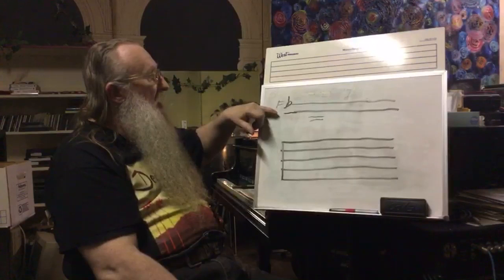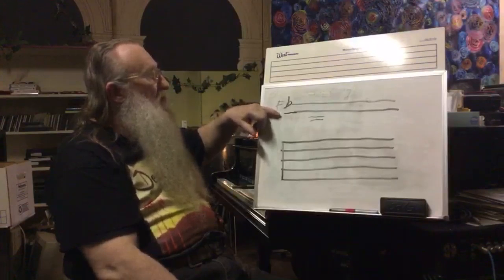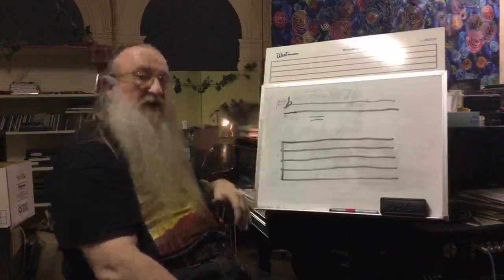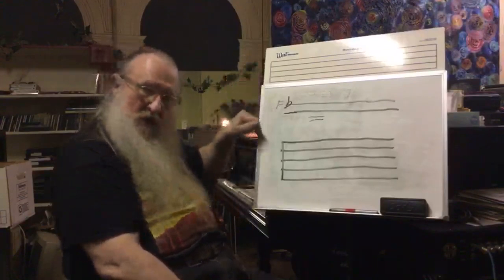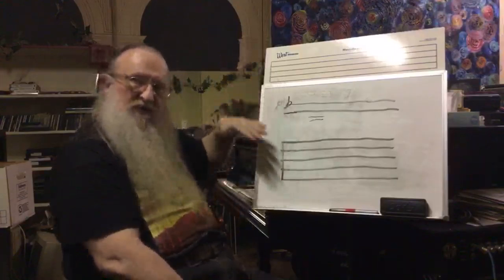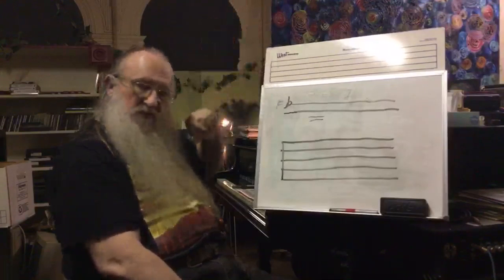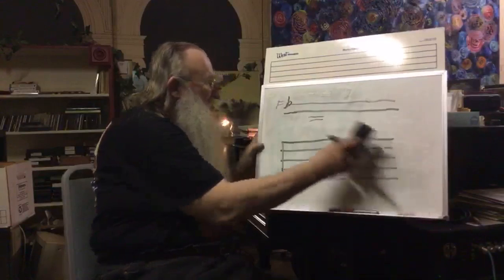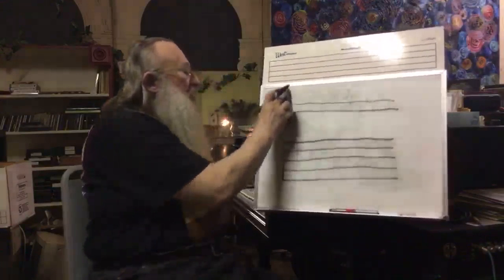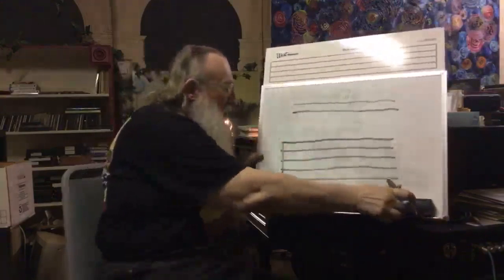And you'll notice that the clef has moved up in order to write for bass, and moves down in order to write for treble, because you're writing above the clef.